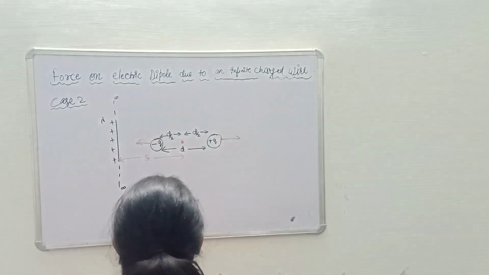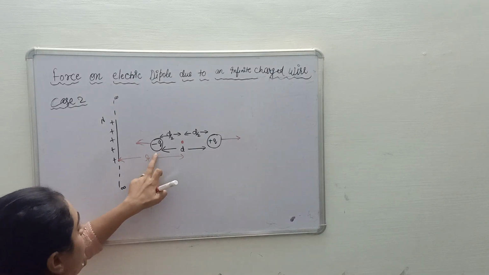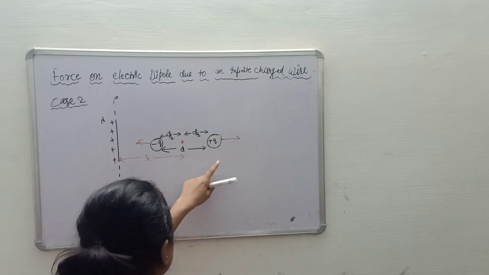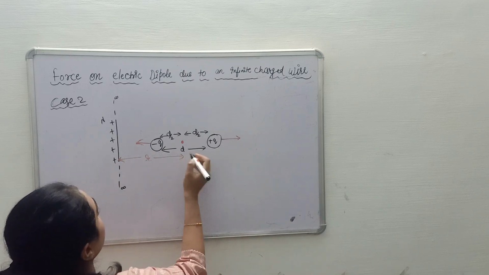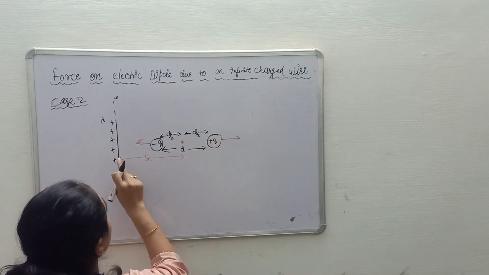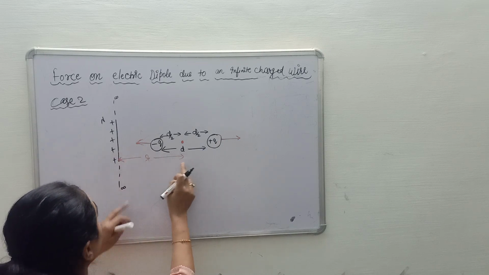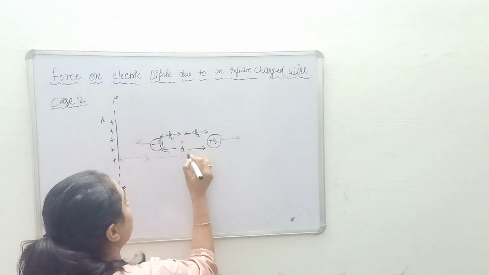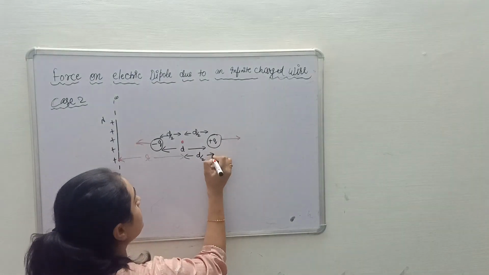Why? Because here the distance varies. The positive q charge is far from this wire with the distance r plus d by 2.